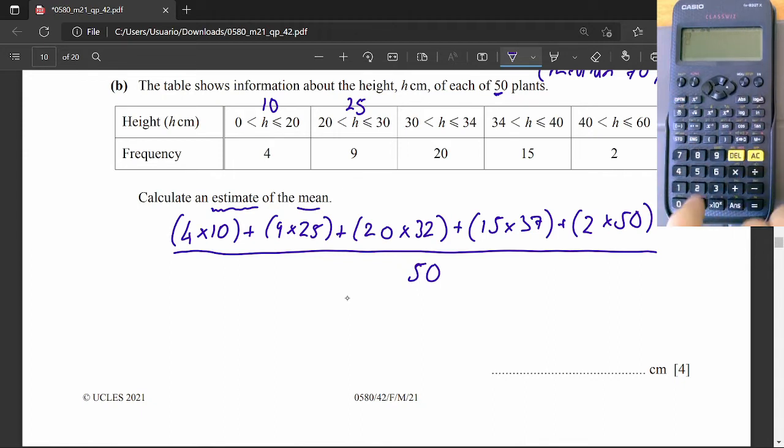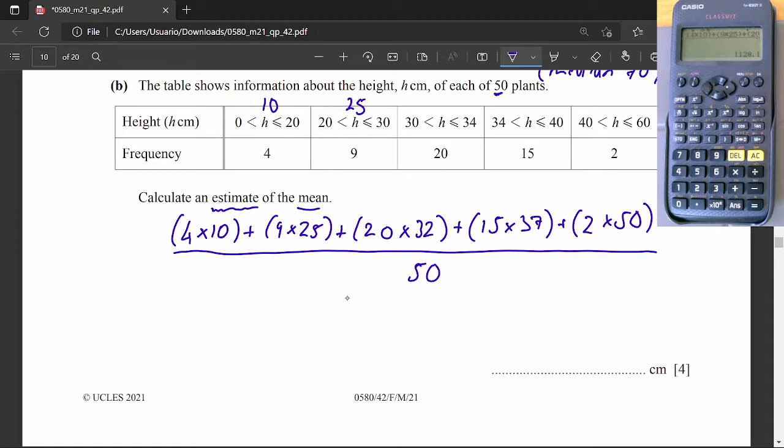So here we go. Right, so once we put in the values into our calculator, we'll get an answer.